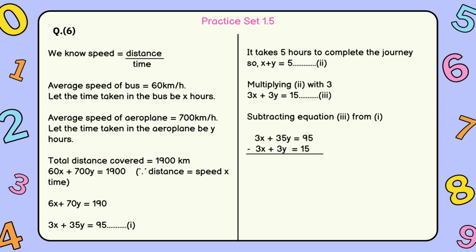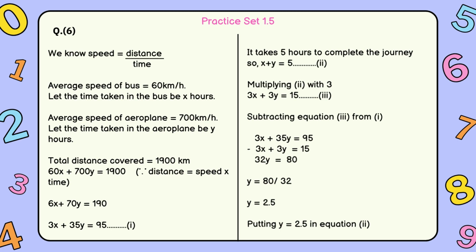So we get 3x plus 3y is equal to 15. We name this equation 3 and then we subtract equation 3 from 1, by which we get 32y is equal to 80. Now we divide 80 by 32 and get 2.5. So the value of y is 2.5.